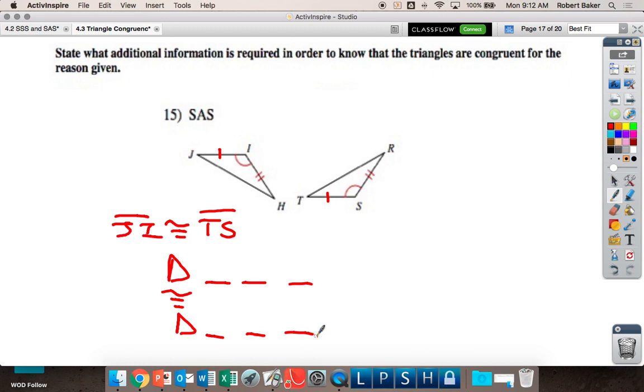I screwed it up last time, so I'm going to take myself out of the game. JIH. And then TSR.